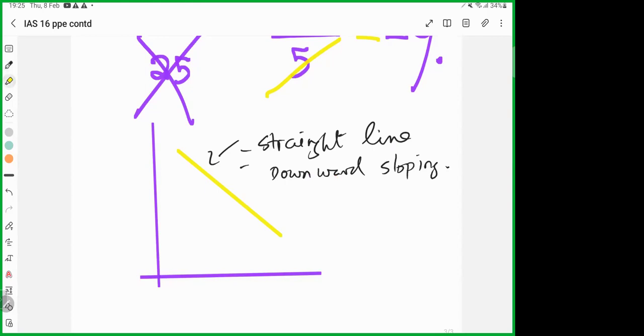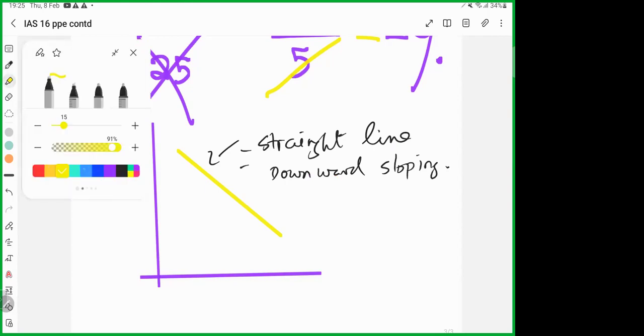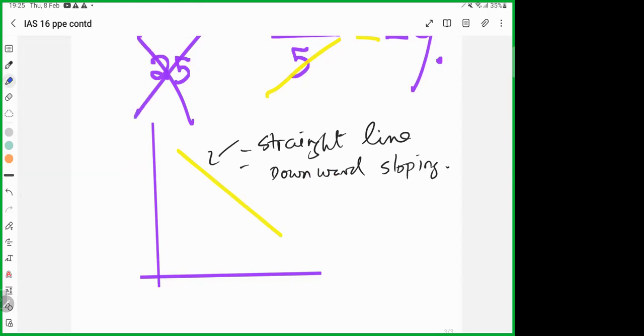Thirdly, for example, I'm just writing an example. If this is 85, and this is year 2 and year 3, and this is my cost.